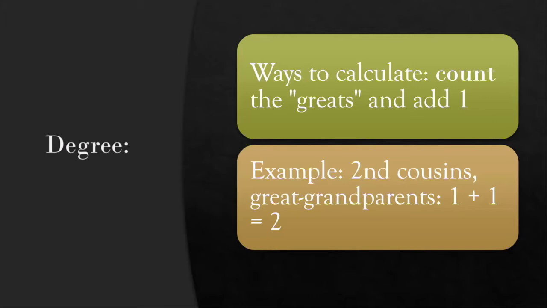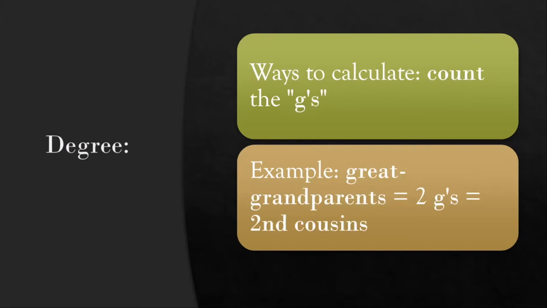Okay. So when you're figuring out degree, one way that people suggest you track it is you count the number of greats back to that shared relative and add one. So second cousins who share a great grandparent, there's one great, we add the one, we get two, they're second cousins.